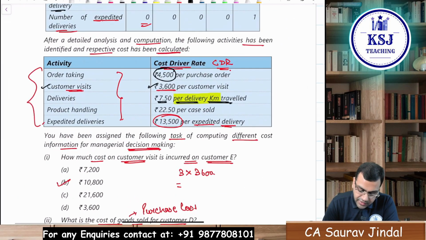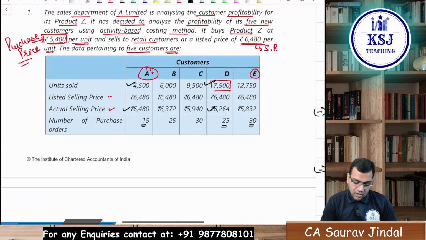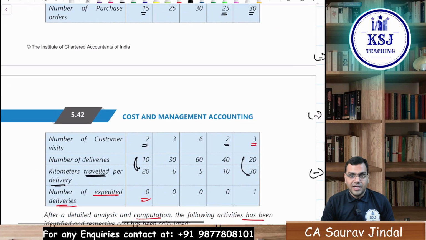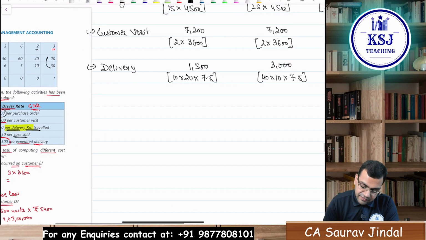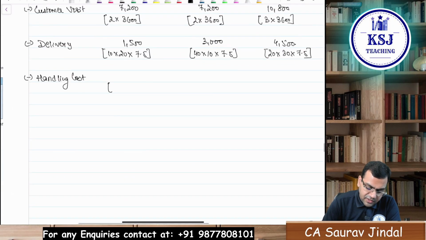Next one, product handling 22.5 per case sold. So number of units sold you are already having. This is the number of units sold. For every 1 unit sold, the product handling cost is 22.5. Okay, fine, sir. So we'll subtract here handling cost. For customer A, how many units are there? 4500 units they have sold.